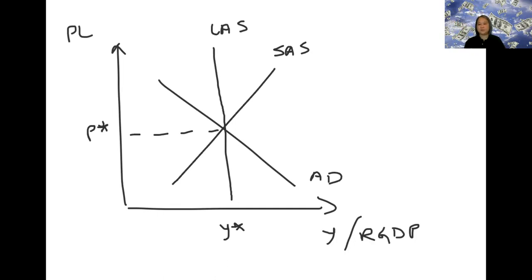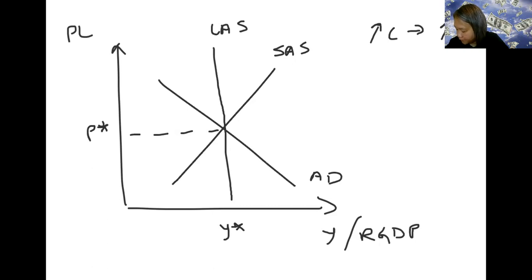Let's say there's an increase in consumption spending, which then increases our AD. We have exorbitant optimism in the economy, and everybody's spending like crazy, and our demand curve shifts to the right.